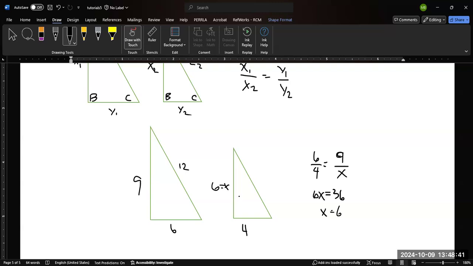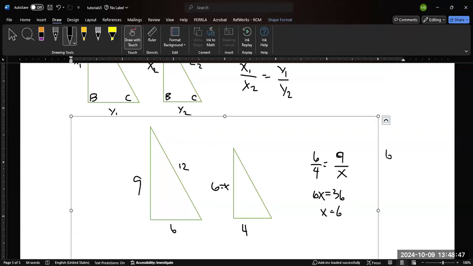And I can do exactly the same calculation again for this long side. We'll call it z. The 6/4 ratio is still there. But now I'm going to be relating this 12. Again, keep in mind which order you're putting these things in. That's important for ratios.